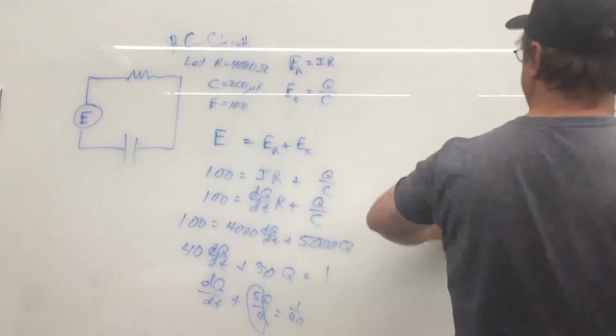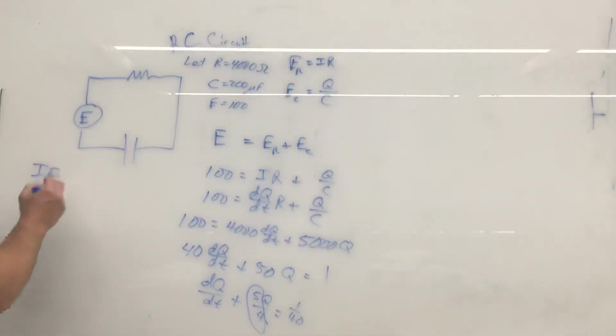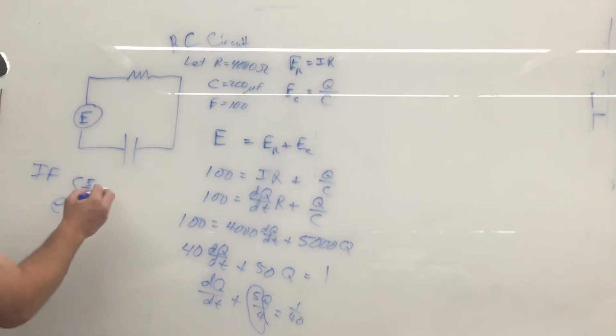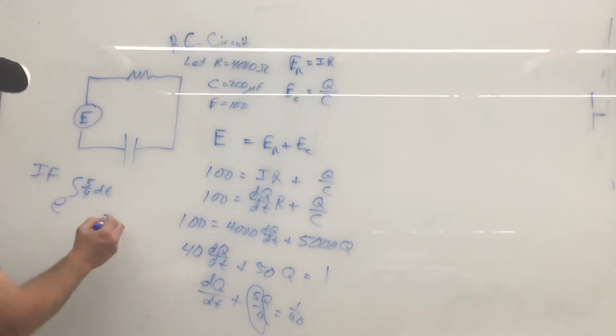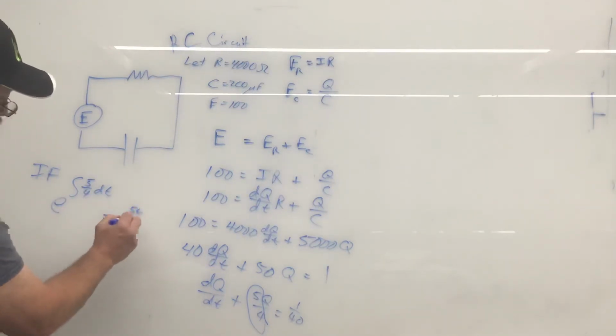So my integrating factor here is no different. The integrating factor is e to the integral of 5/4 dt, which of course becomes e to the 5t over 4.